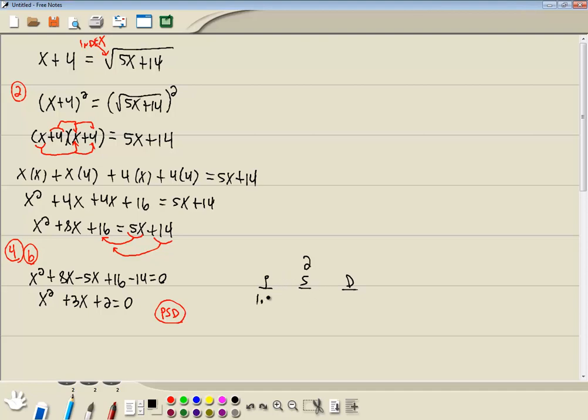Well, we got 1 times 2, and that's it. The S column, we add those numbers together. S for sum. 1 plus 2 is 3. And the D column, D for difference, we subtract smaller from larger. 2 minus 1 is 1. Now the number we're always looking for is the number in our middle term, which is a 3, which means we're going to use 1 and 2.